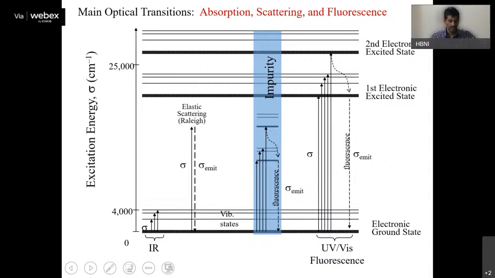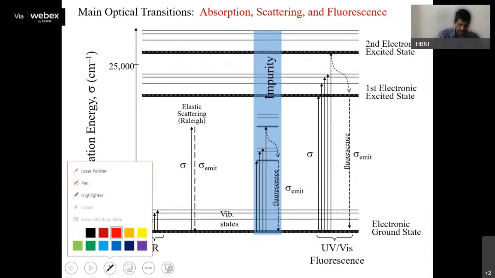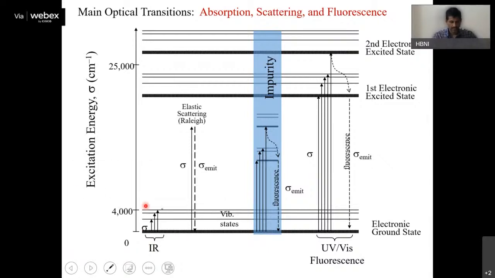The lowest, let me take the pointer, correspond to the infrared absorption. Those are the vibrational levels. Then you have an electronic level, the first excited electronic state, and then a second electronic excited state.